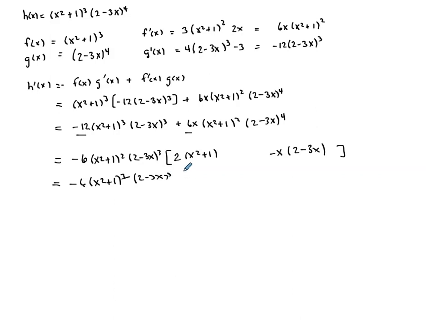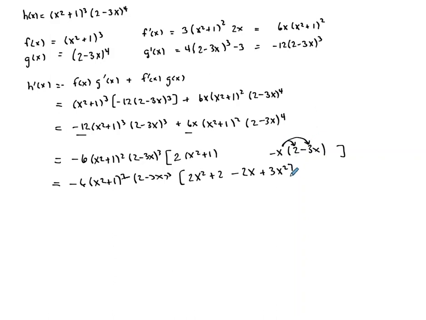Okay, so let's simplify what's inside here. I have 2x squared plus 2 minus 2x and then plus 3x squared.